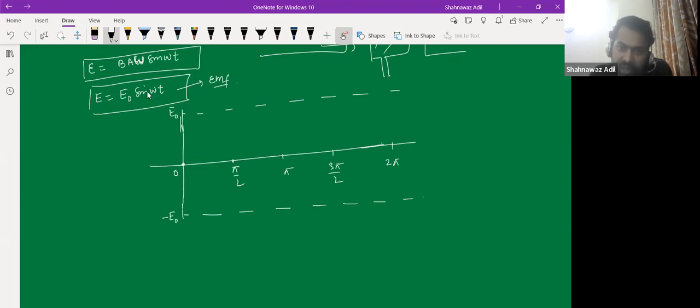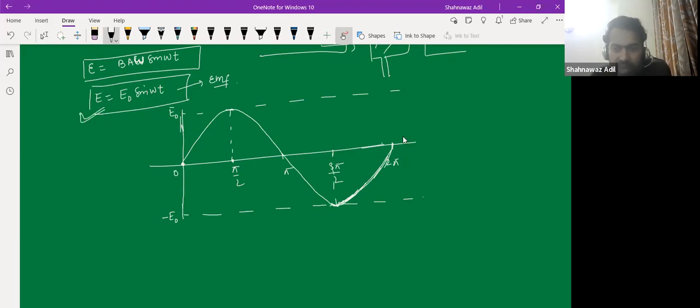At 0, sin 0 is 0, so E is 0, and then at 90, this becomes E naught, and similarly, at 180, it becomes 0. At 3 pi by 2, it becomes minus E naught, and at 2 pi, it becomes 0 again. So this is the variation of the EMF that you have for this kind of behavior.